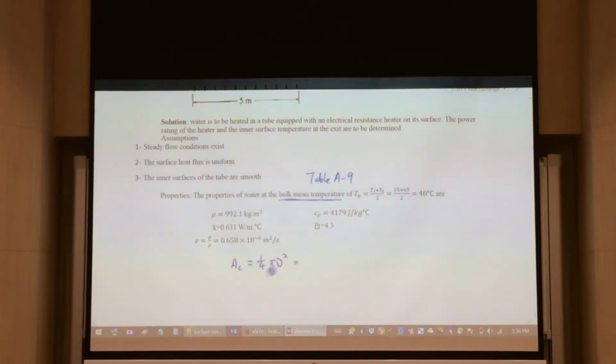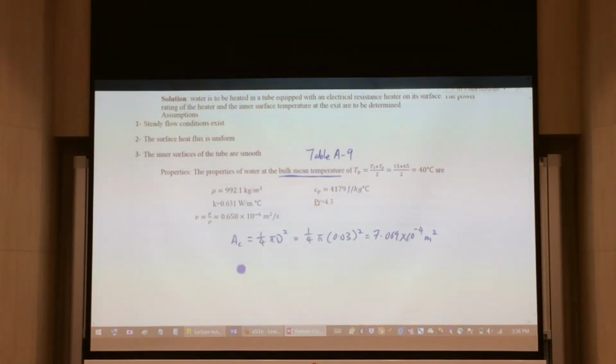If you're wondering how I got this formula, it's actually just pi r squared, where r is the radius of your pipe. If I express it in diameter, I get this form. So this will be equal to 1/4 pi times 0.03 meters squared, which equals 7.069 times 10 to the power of minus 4 meters squared. So that is your cross-sectional area.